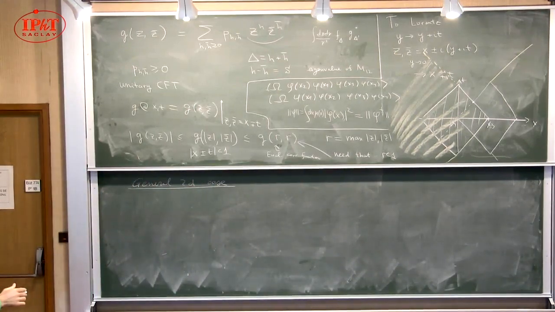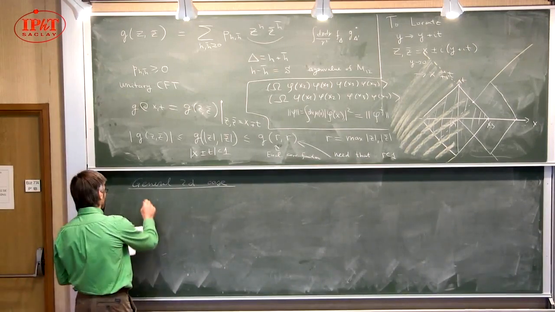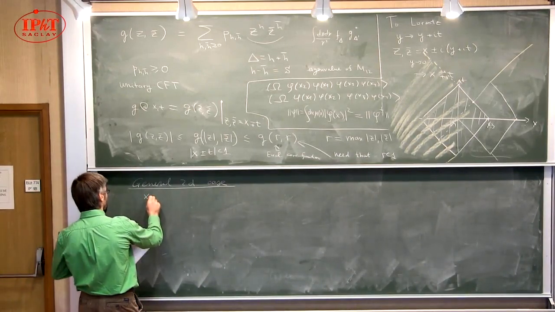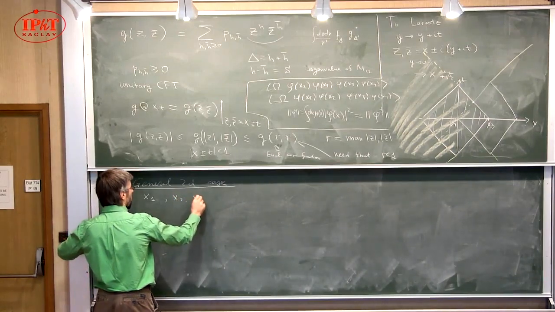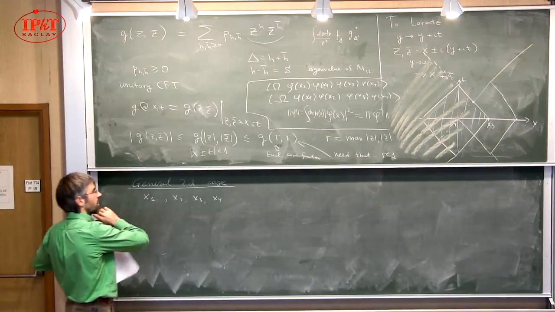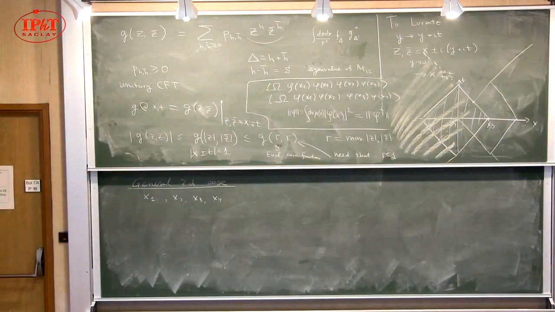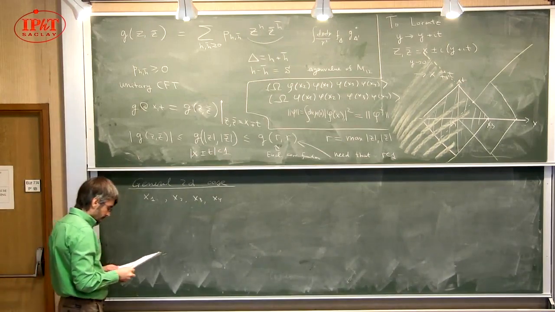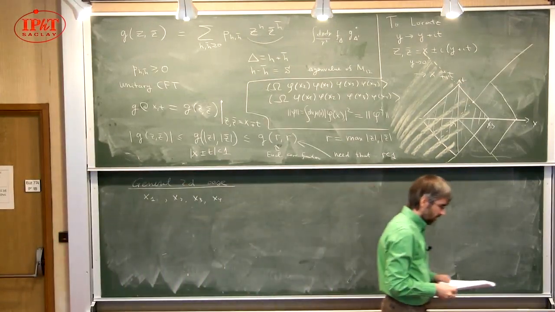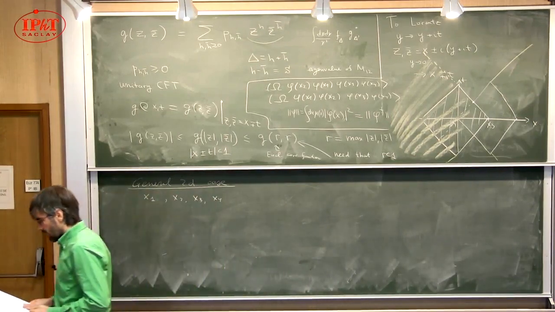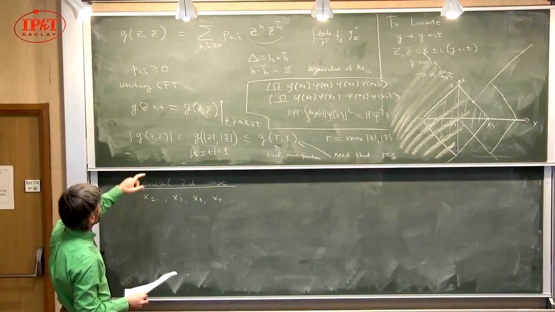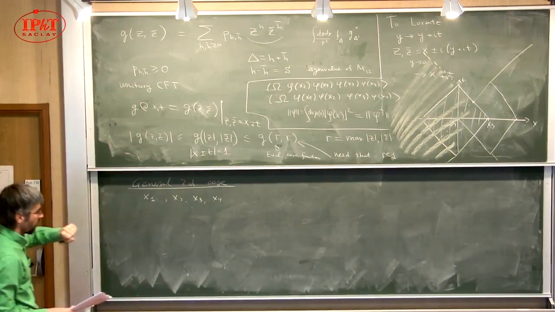It means that I'm not going to fix any of my points to some particular configuration, but I'm just going to consider x1, x2, x3, x4, and I'm going to analytically continue in all of these coordinates. And I would like to study what's going to happen with this analytic continuation. So how can we achieve this? I'm doing analytic continuation in all of these coordinates, and then I would like to use the formula in terms of z and z bar, or maybe the formula in terms of rho and rho bar.